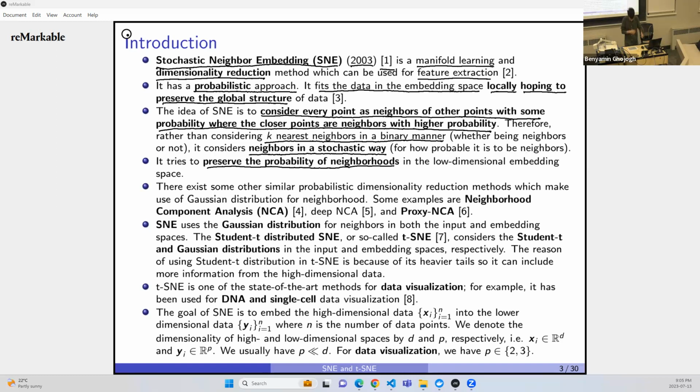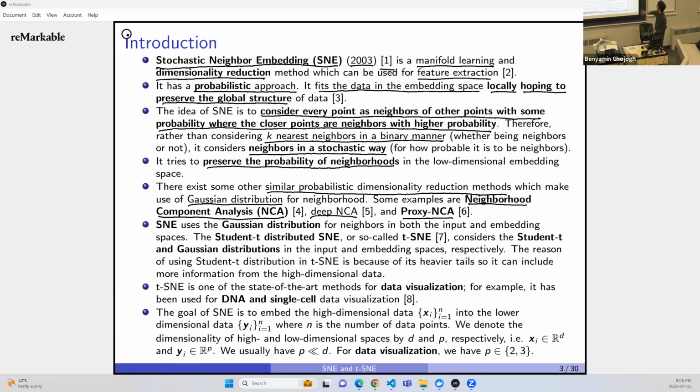You can design your own algorithm. There exist other similar probabilistic dimensionality reduction methods which make use of Gaussian distributions for neighborhoods. Some of them are neighborhood component analysis, NCA, which I think was also proposed by Hinton, as well as Deep NCA and Proxy NCA.